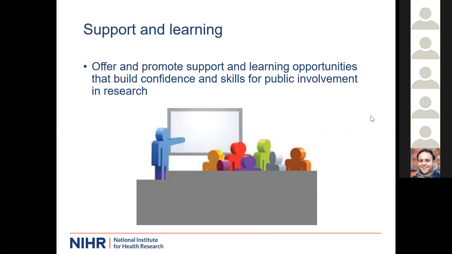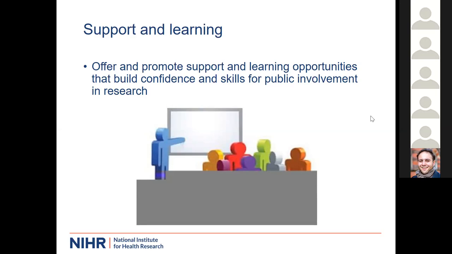So support around people using their research skills, but also support around using their lived experience, and both are equally important, because that's why we're asking people to get involved with the research because of their lived experience. And just because it is experiential doesn't mean to say we shouldn't give support for that. In fact, it's equally, if not more important, that we do.